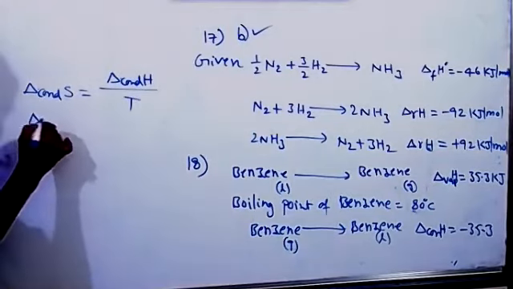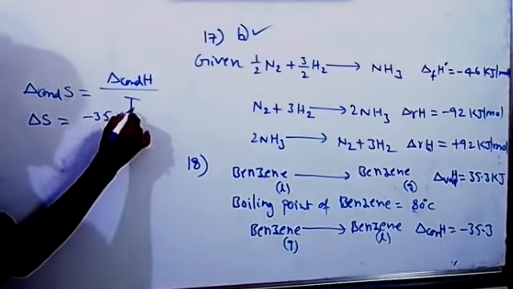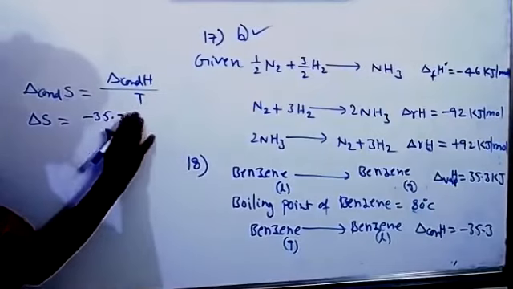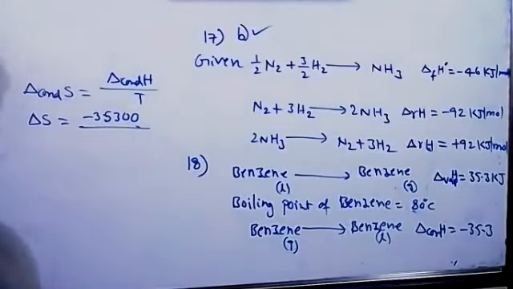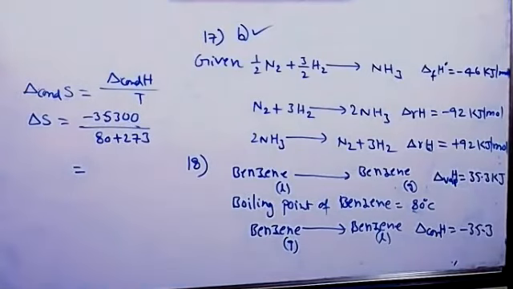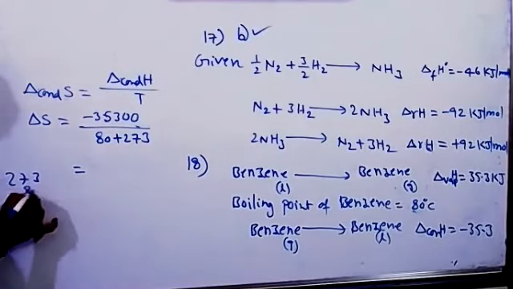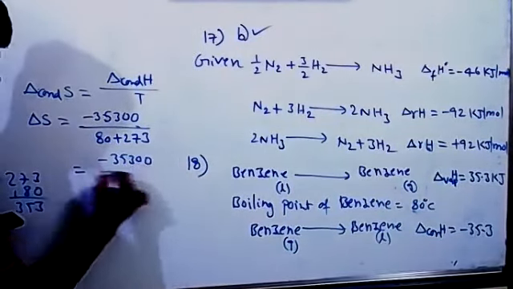So entropy change is equal to this value, minus 35.3 kilojoules, no? 35300 divided by temperature, 80 degrees centigrade, 80 plus 273, that is minus 35300 divided by 353.